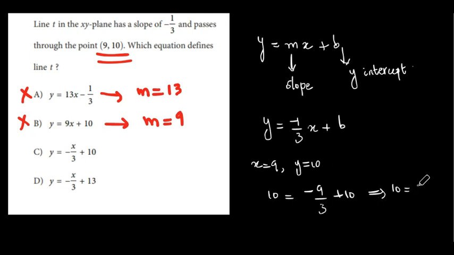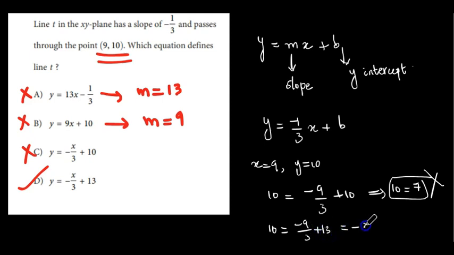So negative 3 plus 10 gives me 7. 10 equals 7 is wrong. That's not possible, so C won't be your answer. D will be your answer. Let's check by plugging in: 10 equals negative 9 over 3 plus 13. Negative 3 plus 13 gives me 10. So 10 equals 10. That's fine, so your option is going to be D.